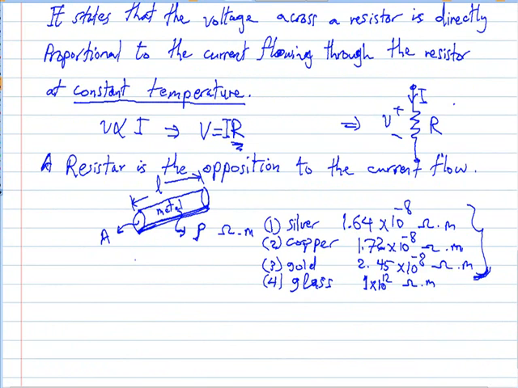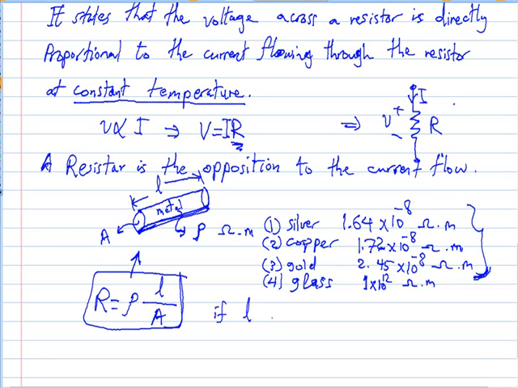So for this metal, the resistance is equal to rho, which is the resistivity, multiplied by the length over the area. And we can observe that if the length of the wire increased, its resistance also increased.